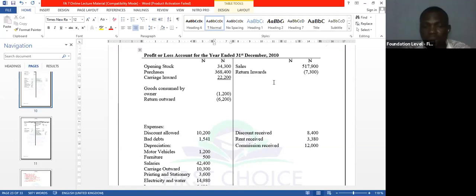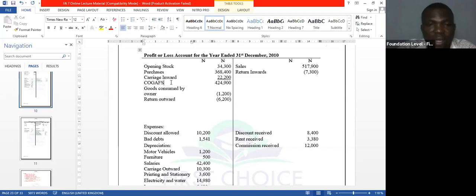That will give us a total sum of 424,900. You can press the calculator to confirm it, in case I'm wrong. This is the cost of goods available for sale, before adjustment.